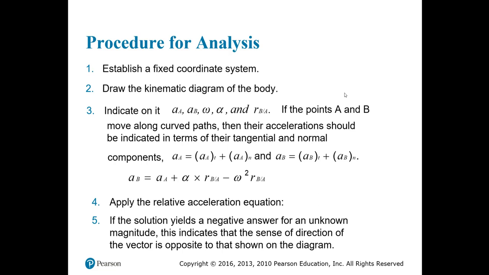Then we will build the general equation and apply that equation to the problem. Obviously, if that equation yields a negative answer for an unknown magnitude, it indicates that the sense of direction of the vector is opposite to the one shown on the diagram.